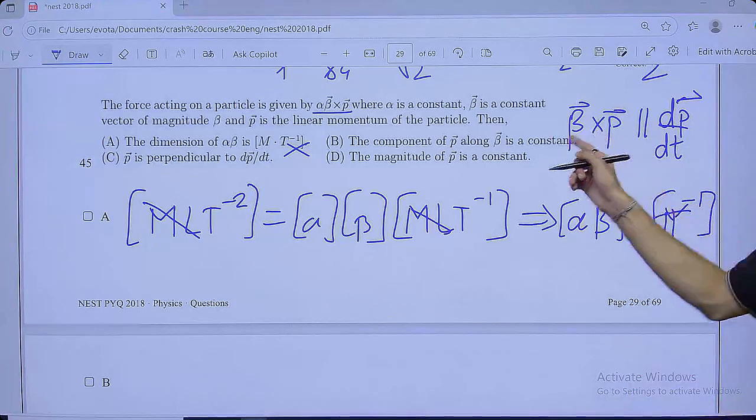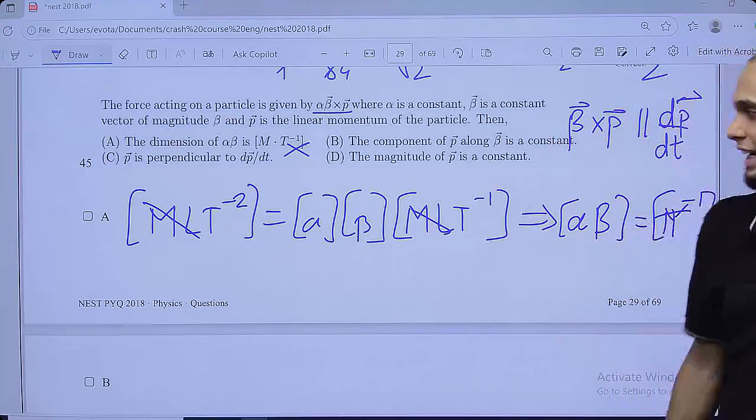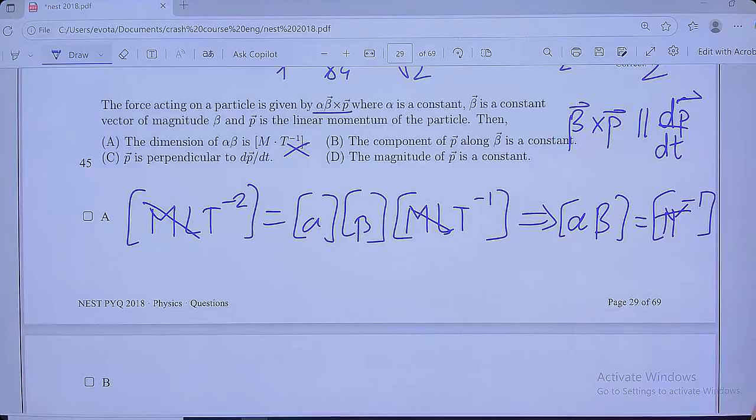If the value of the cross product does not change, at least the projection of it does not change, only then will the cross product be parallel to the rate of change of a vector. If both of them are constant, this is the only case possible. So option B is correct over here.